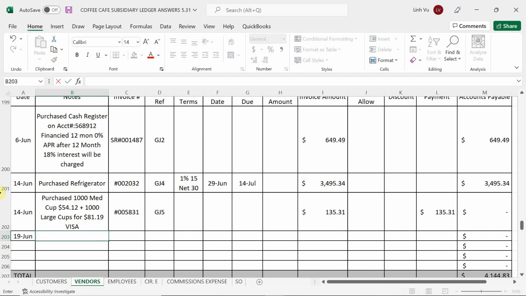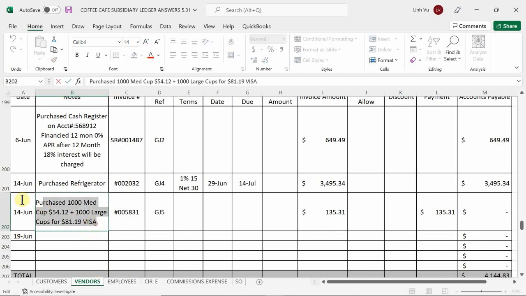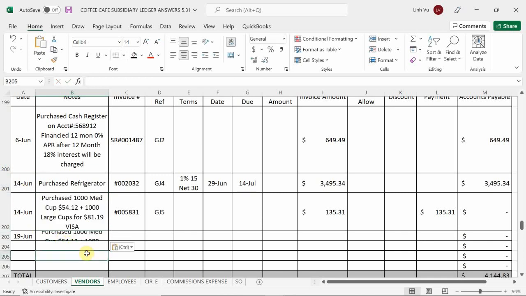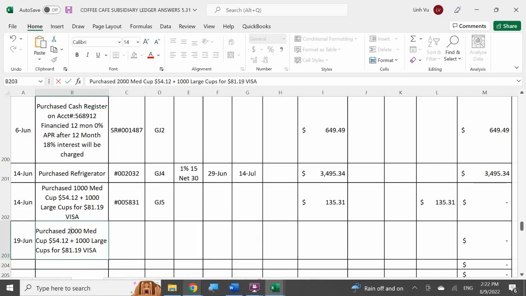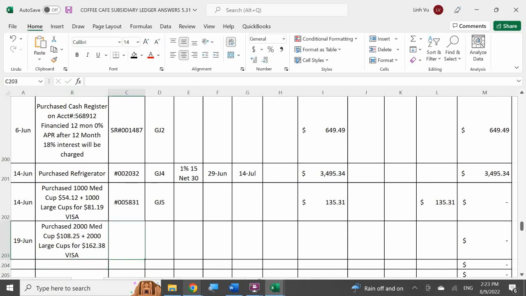So we purchased 2,000 medium cups, and it's $108.25. And then 2,000 large cups, 162.38. And then we have a sales receipt.